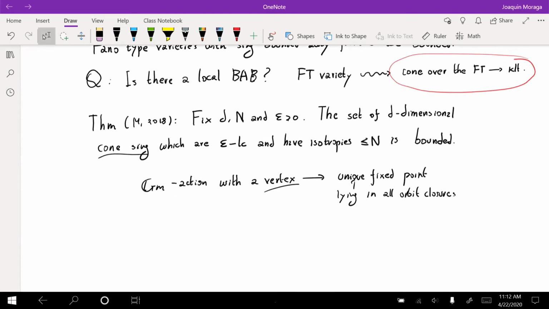And that's actually the definition of the vertex. And then the isotropies are the order of the stabilizers. For instance, the stabilizers will be GM itself or some finite subgroup generated by a root of unity, right?